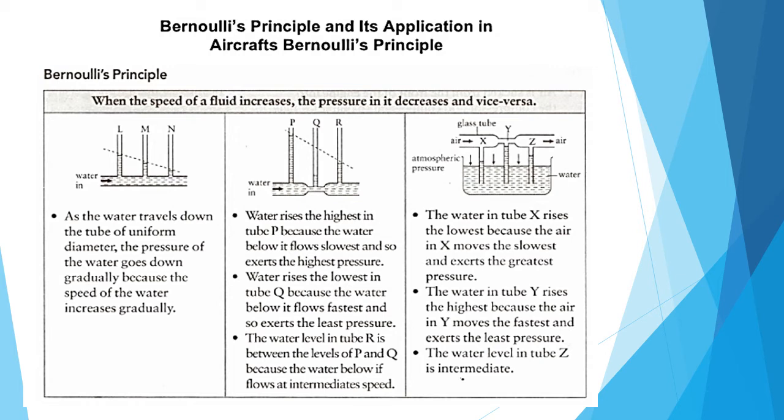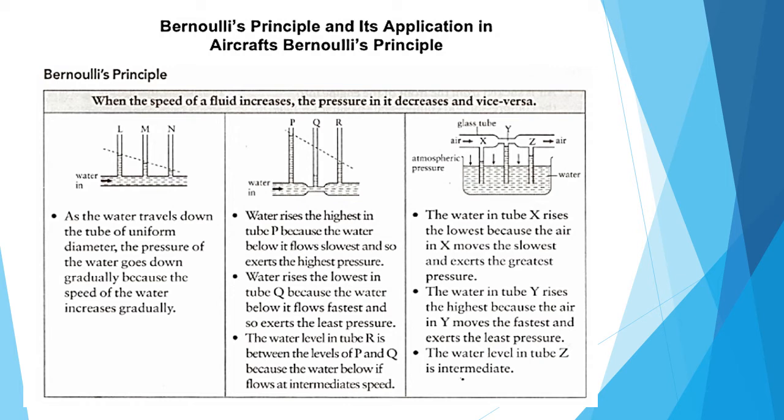Water rises lowest in tube Q because the water below it flows faster, and so it exerts the least pressure. Here, because the diameter is smaller, the flow of water is very fast, so it gives a very low pressure. So the level in tube Q is the lowest.